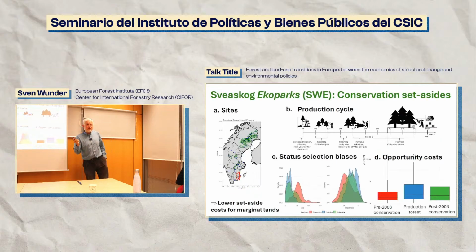So some of my own team's studies within these rewilding initiatives. I'm going to show two slides from two different areas. One is Sveaskog, which is the state forest timber company in Sweden, and they have some eco parks where they have set aside areas from their usual forest management cycle.